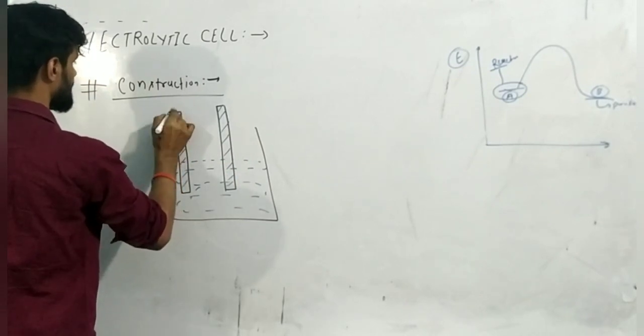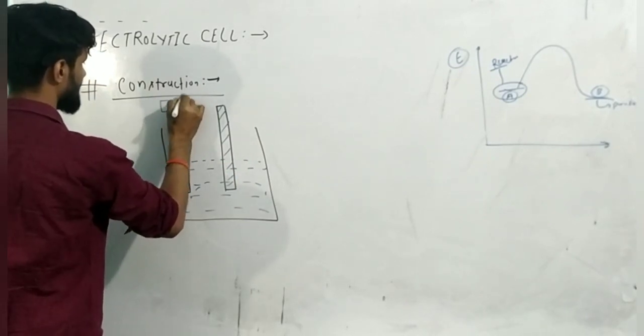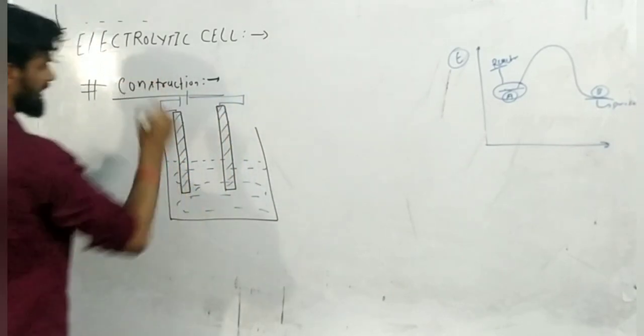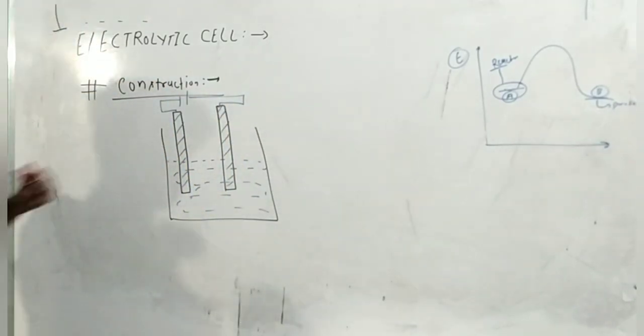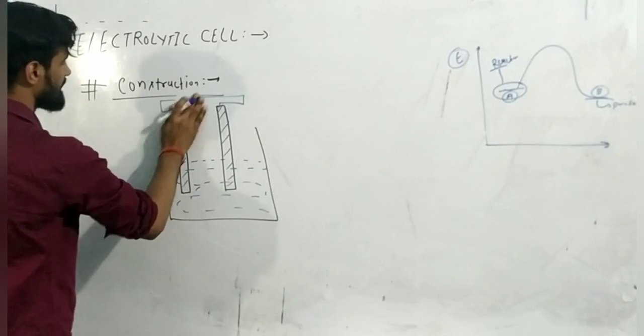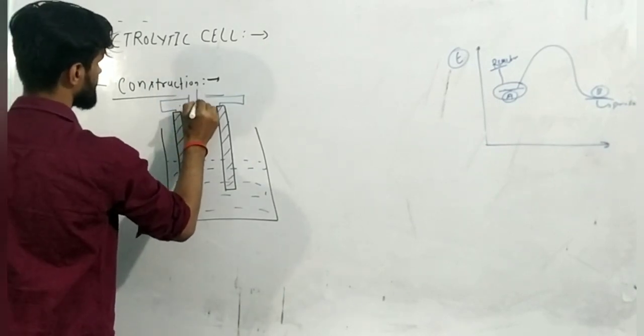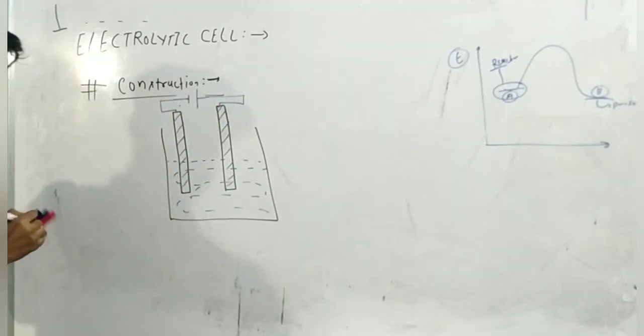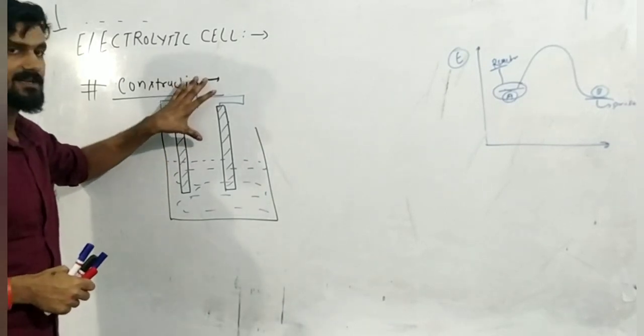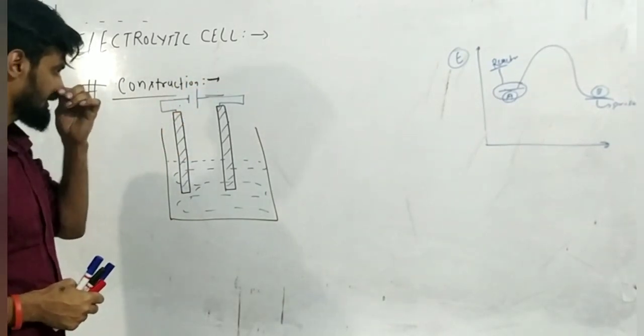Now you are going to connect this electrode with the help of a battery. Now you have connected this electrolytic cell with a battery. The function of the battery I have already told you: it will supply the electric current and create a potential difference throughout the system.